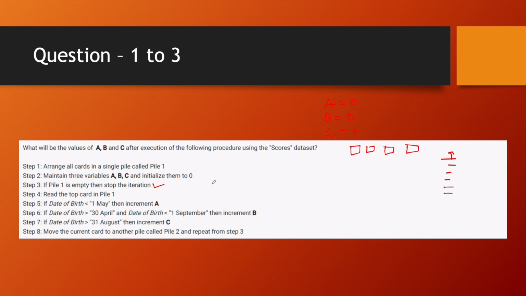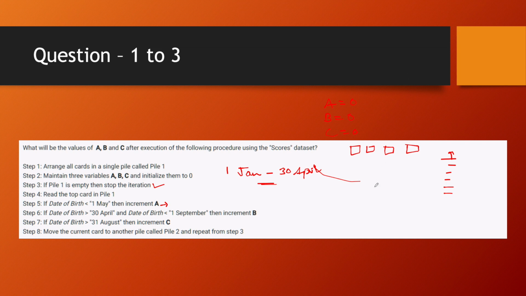Step 5 says that if the date of birth is less than May 1, then increment A. What do you mean by less than May 1? It means anybody born between 1st of Jan all the way to the 30th of April. So if you find any card whose birthday falls in this range, then you have to increment A. What do you mean by increment A?